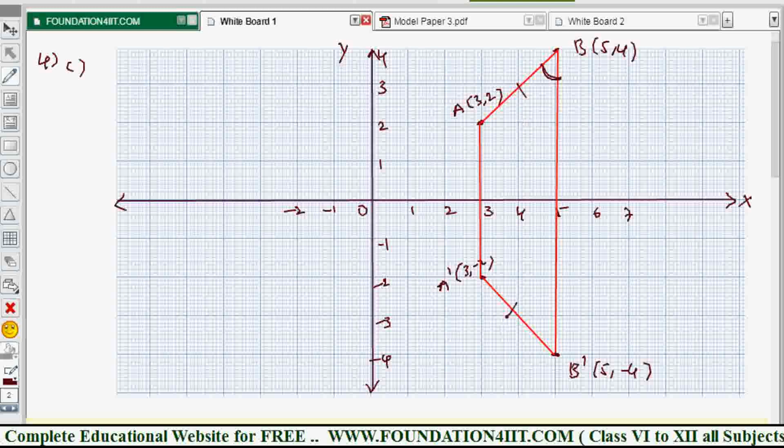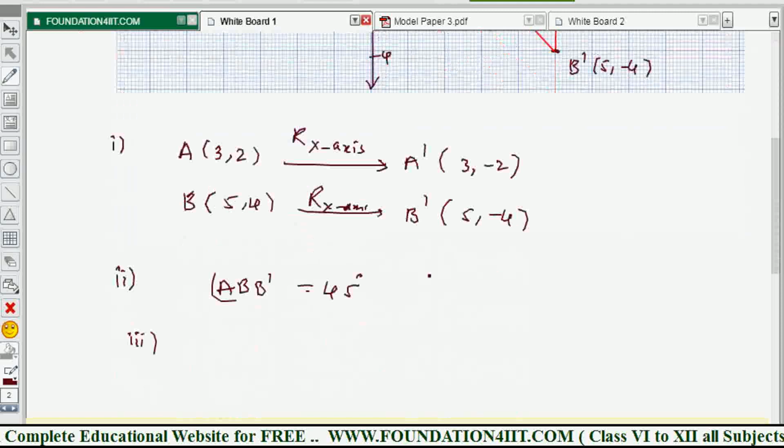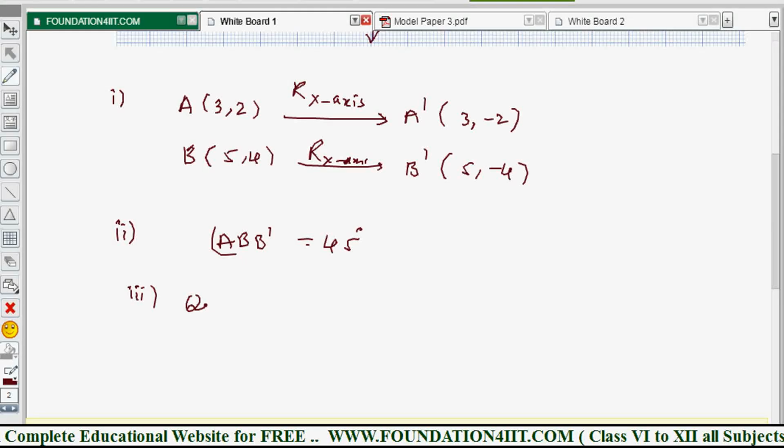So this is an isosceles trapezium. Therefore, the quadrilateral ABA dash B dash is an isosceles trapezium. When the non-parallel sides are equal, then that is an isosceles trapezium.